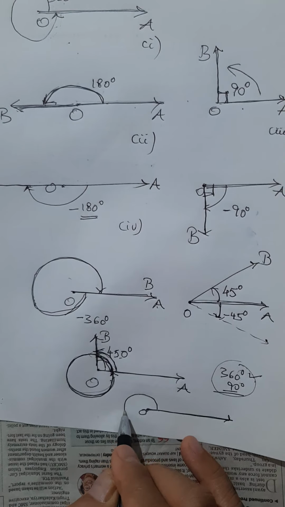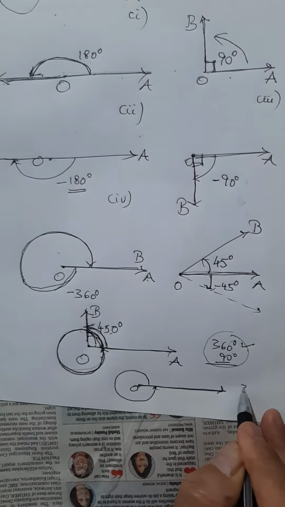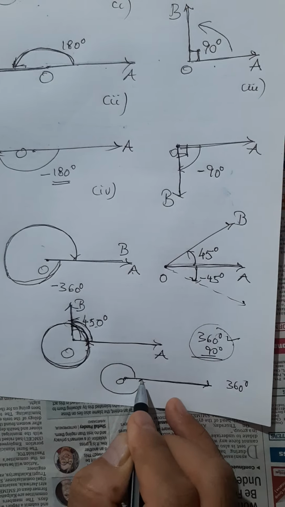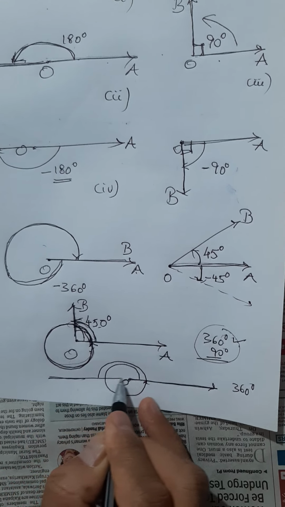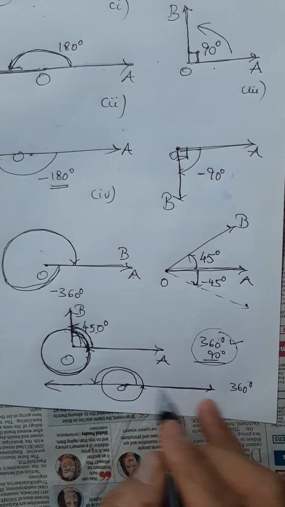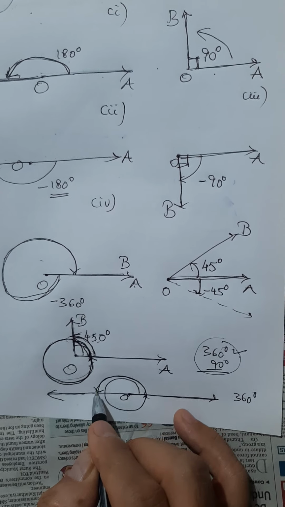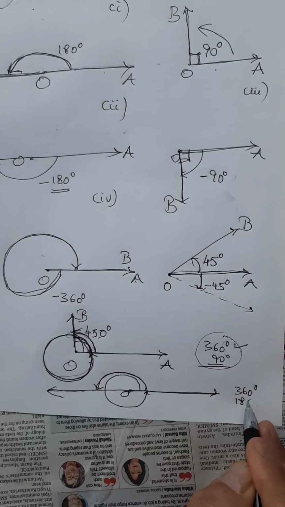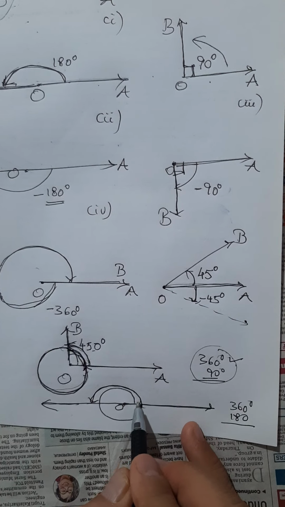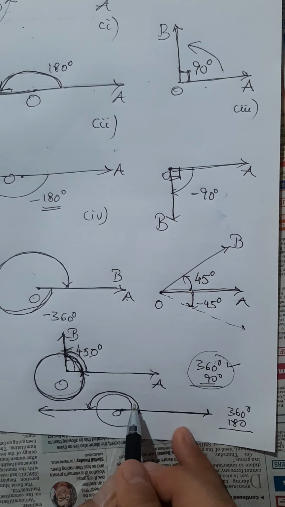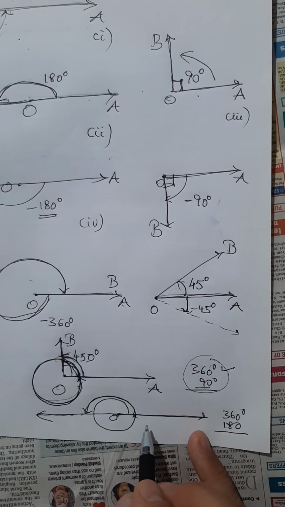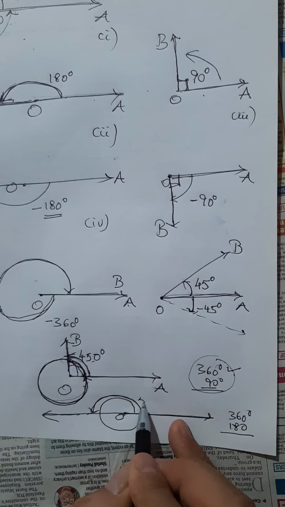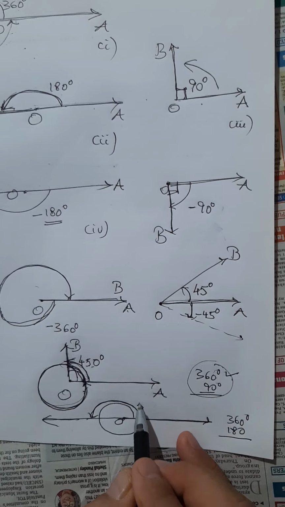If I take one more, like this is initial position here, I'll finish one rotation here, 360 degree, and then again I'll come to this position here. So this is, for example, final position. So this is again 180. So total angle here from this to this will be the sum of these two, which is nothing but how much? 540.